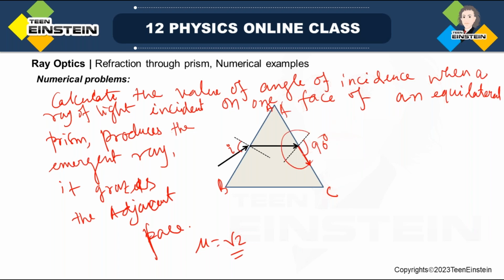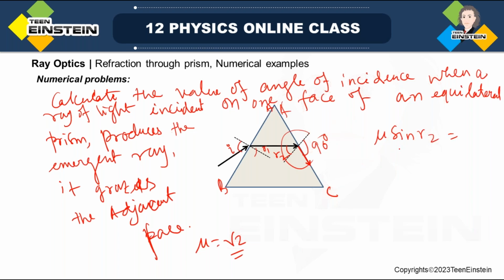Now if we apply Snell's law here, that means mu sine R2, this is R2, right? This is R1.